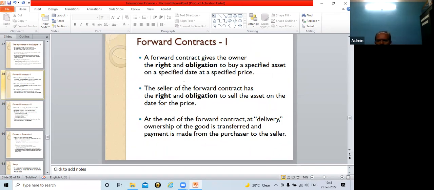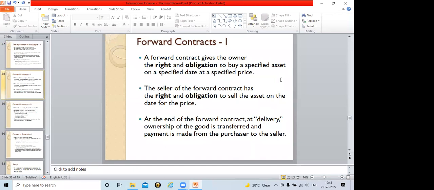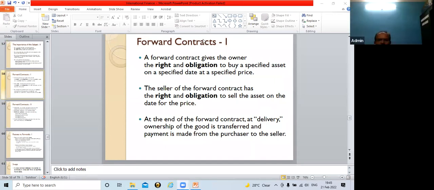Am I audible? Can you hear me? Okay. So I am asking you to just read out the first point of forward contract. Anyone of you, read out loudly. Read it.